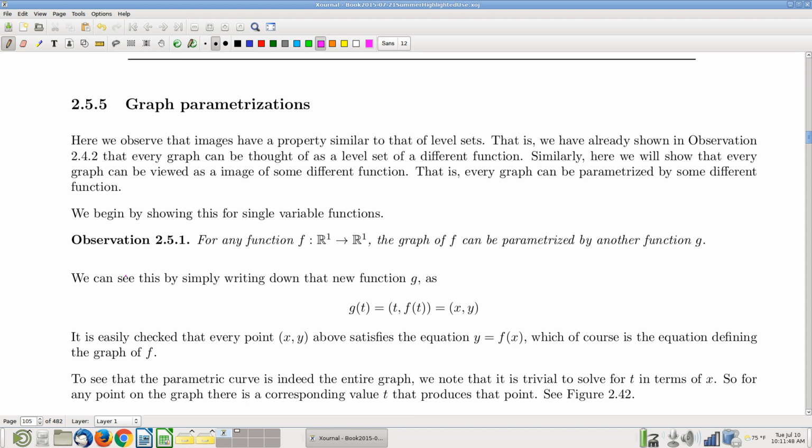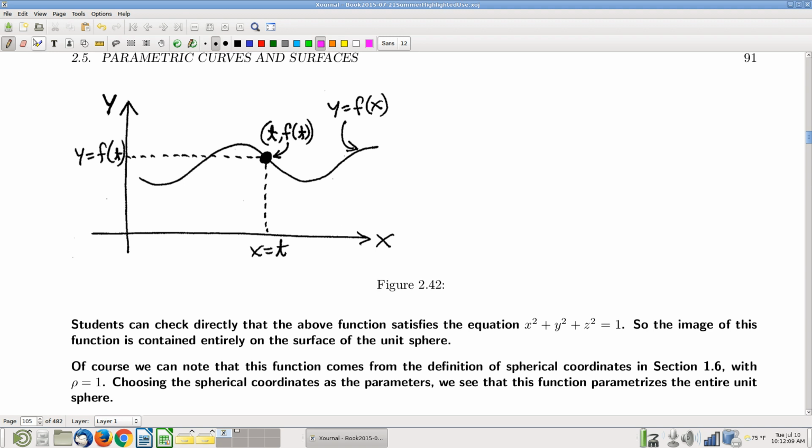Okay. So I have a strong favorite trick for how to do this. It's what I like to call the graph parameterization. It's a really slick move. Here's the move. Suppose you have a graph. So here's a curve, right?